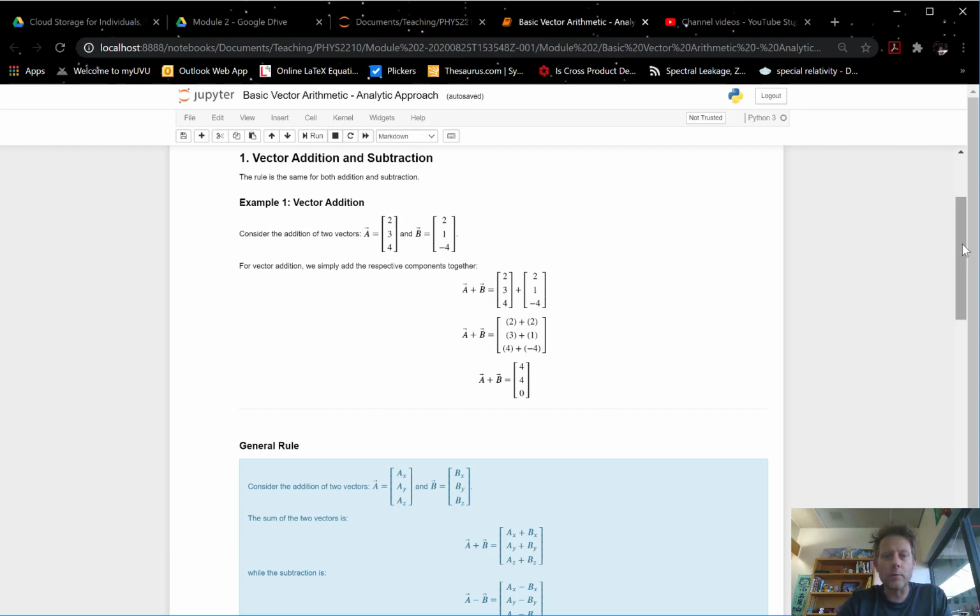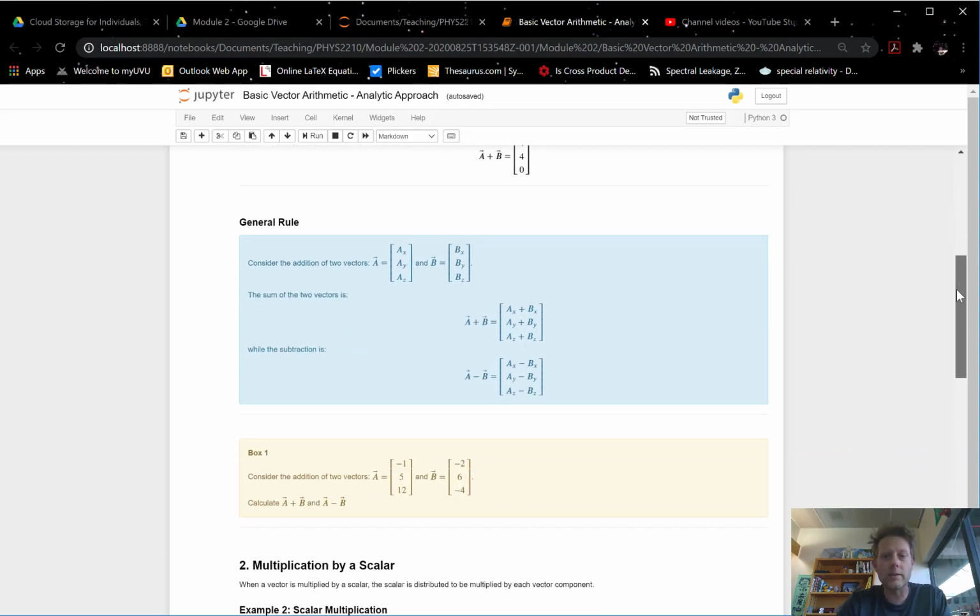If we were to do subtraction, instead of having addition in here, it will be subtraction. So if you were to subtract vector b from vector a, it will be 2 minus 2, that will be 0. It will be 3 minus 1, that will be 2. And it will be 4 minus the negative of 4, which will give us 8. So it will be 0, 2, and 8 as the result of that vector.